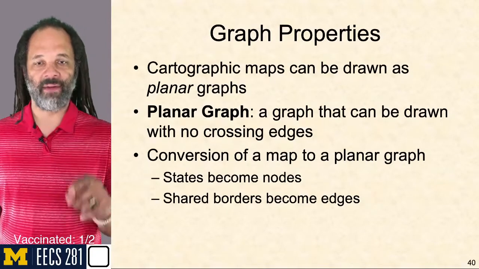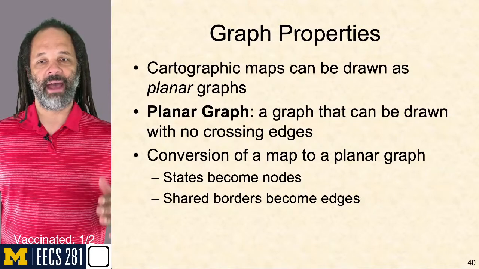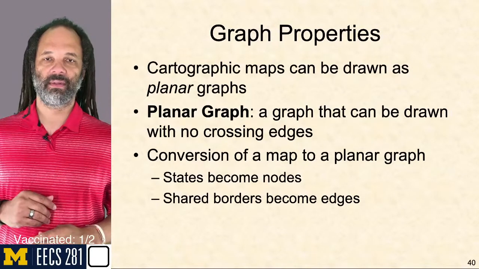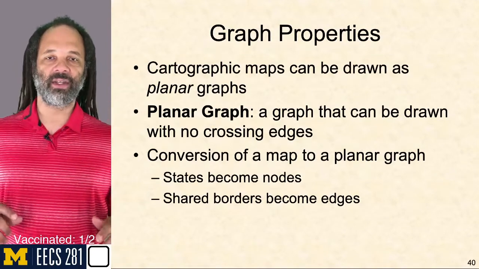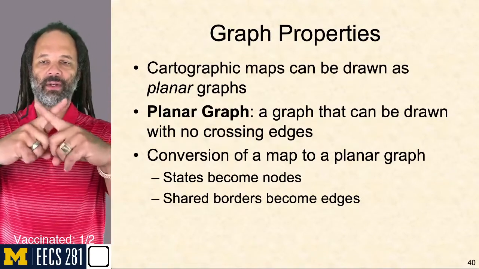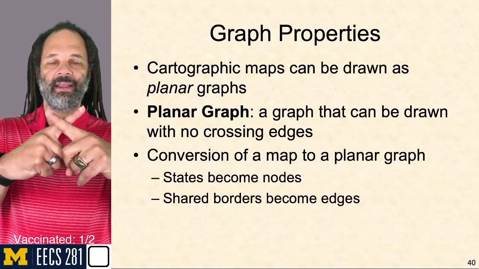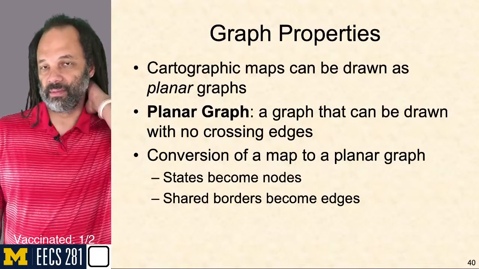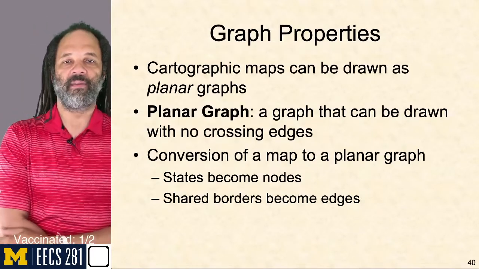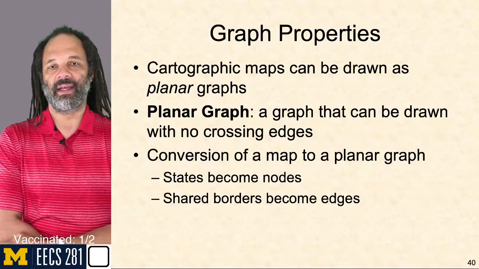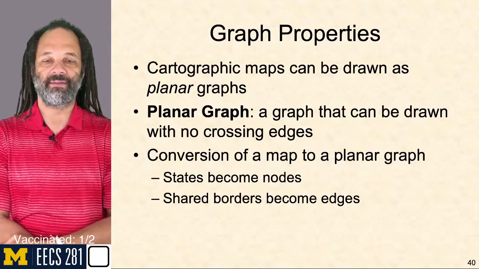A planar graph is one where I can draw the graph and have none of my edges cross. If there's an intersection in the middle, that's fine. But if I've got 2 edges that cross each other, and there's only 4 points involved, then this is not a planar graph. You can go try that. Try to draw some physical space on a map that you couldn't represent with a planar graph. You just can't do it.